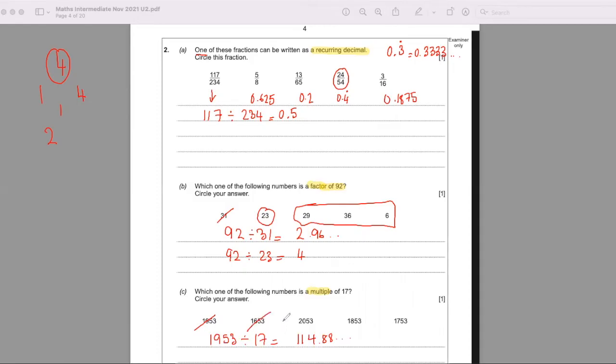Then try 2053 divided by 17. That's also a decimal, so that's not the answer. 1853 divided by 17 gives me 109. Okay, so I know this is a multiple of 17, and that is your final answer.